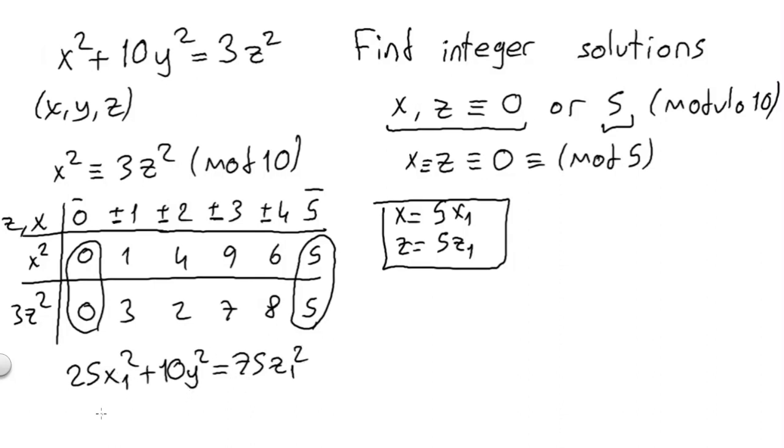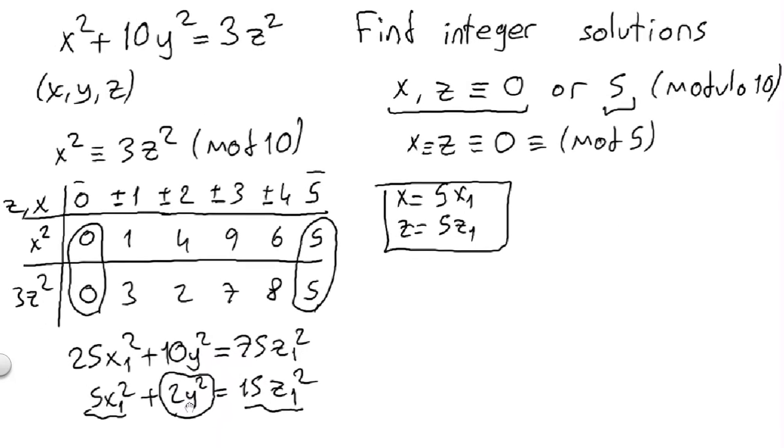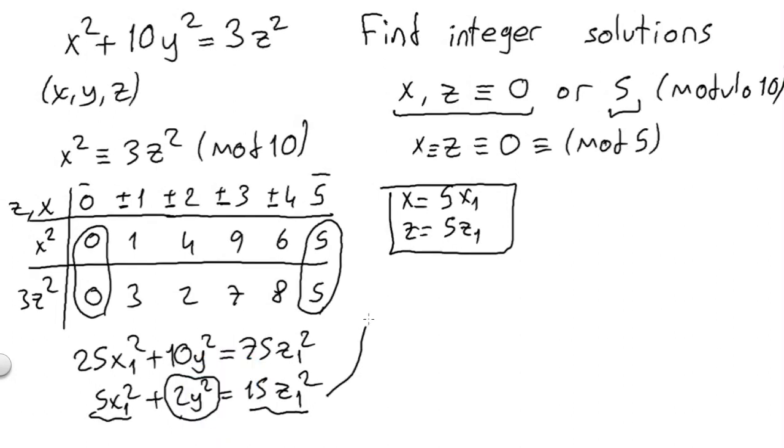It's going to be 5x1 squared plus 2y squared equal to 15 z1 squared. No matter what x1 and z1 are, this term is a multiple of 5, and this term is also a multiple of 5. So this term has to be a multiple of 5, and since 2 is not a multiple of 5, y has to be a multiple of 5.